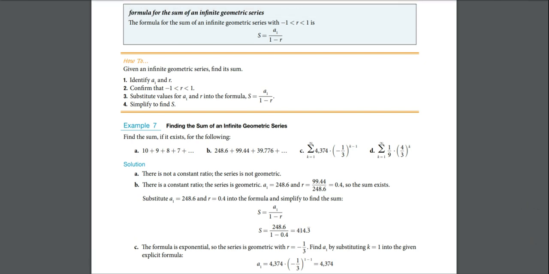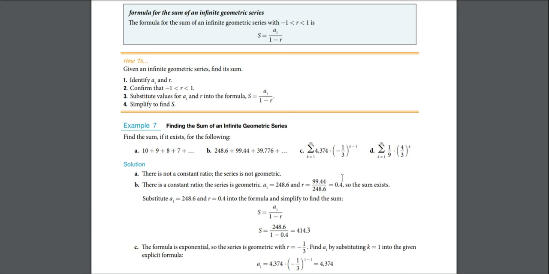If you think about it, if I tried to add these up by hand, I can't physically add an infinite number of terms, but the more terms I add, the closer and closer I would get to this number. And if I could add an infinite number of terms together, I would eventually get this number.